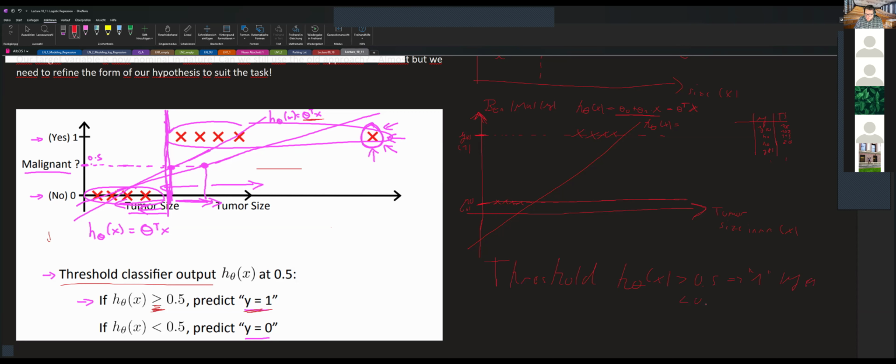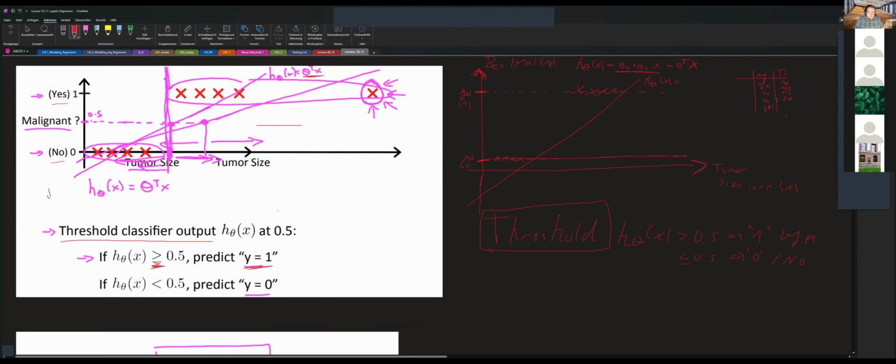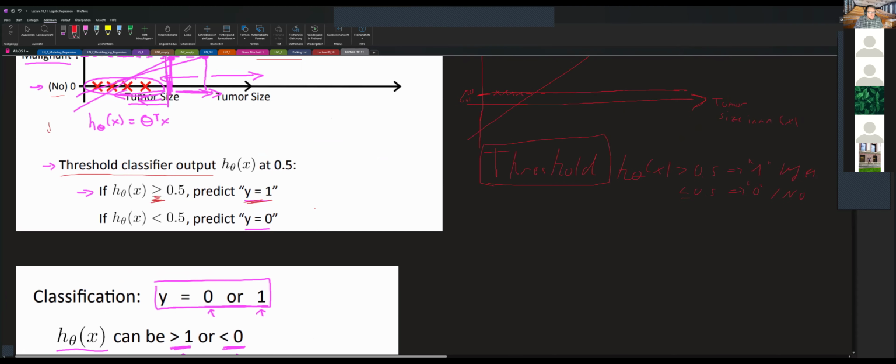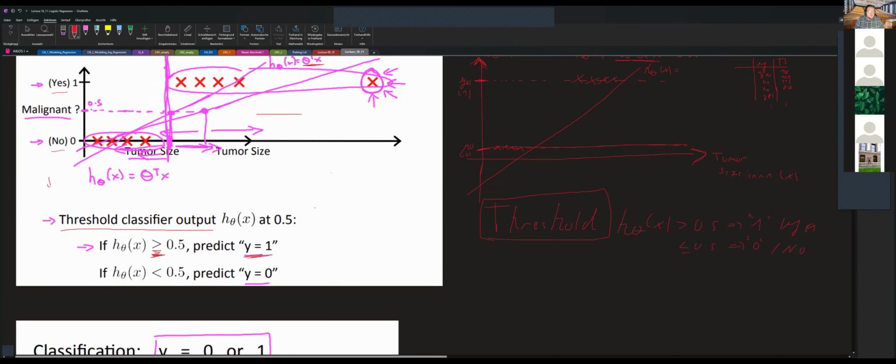And if it's smaller than 0.5, then we predict 0, no. So this is a threshold we need to implement, because our original data is only yes or no, right? But we will get a value from the regression. So this is an idea that we have.